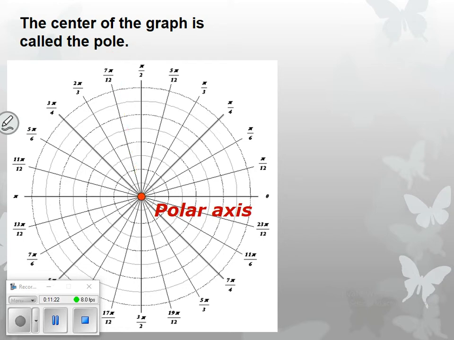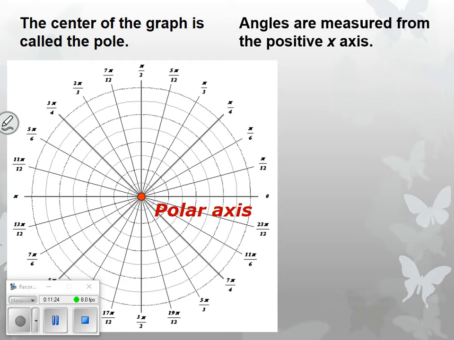Okay, the positive x-axis is referred to as your polar axis, and that is the portion of the axis that every measurement is based off of. Okay, it's just like what we've done with the unit circle. We always look at the positive x-axis and move counterclockwise, right?